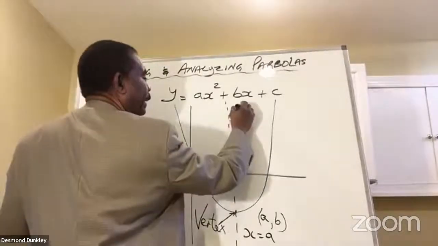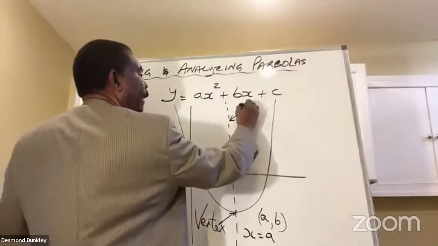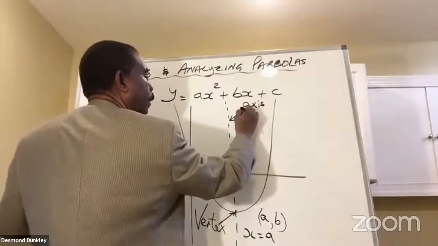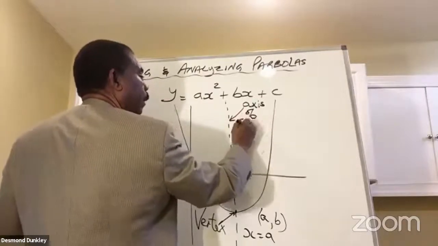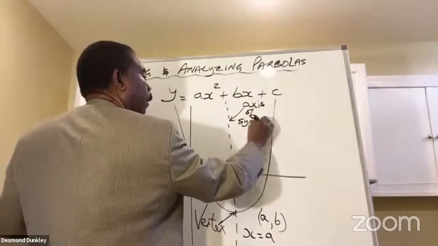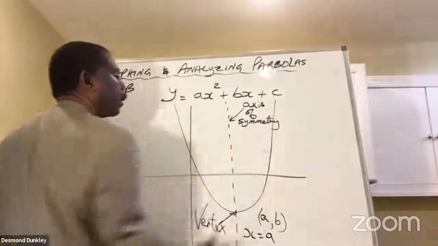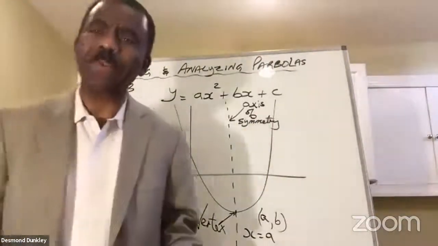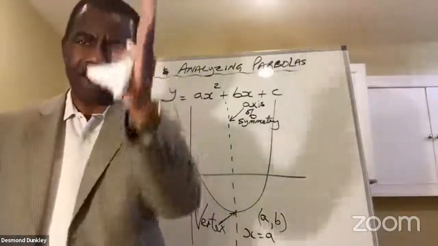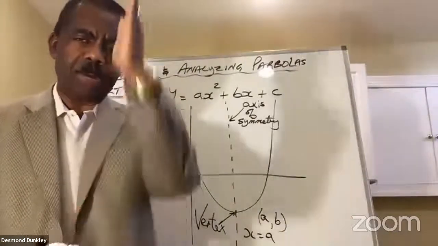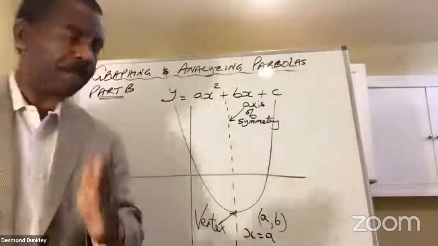It's called the axis of symmetry. Or it's just the center of your parabola. It's the middle of your parabola. It's the mirror line, runs smack through the middle.